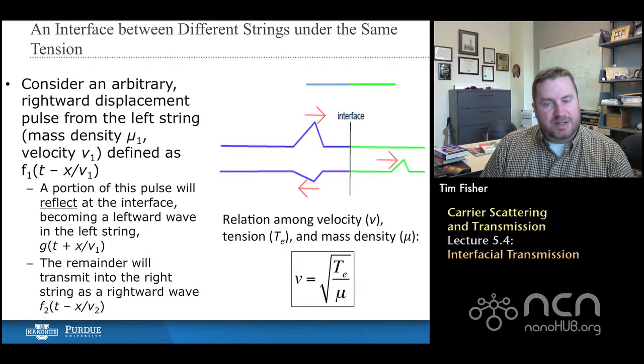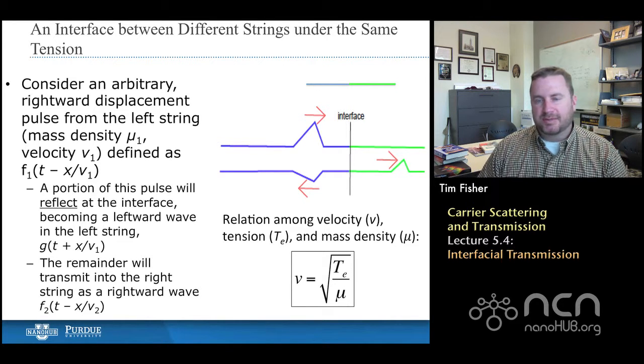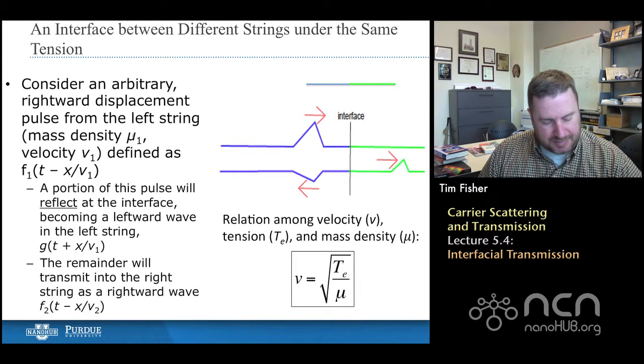The velocity with which a wave moves is related to the mass density and the tension as shown in the bottom right-hand equation.